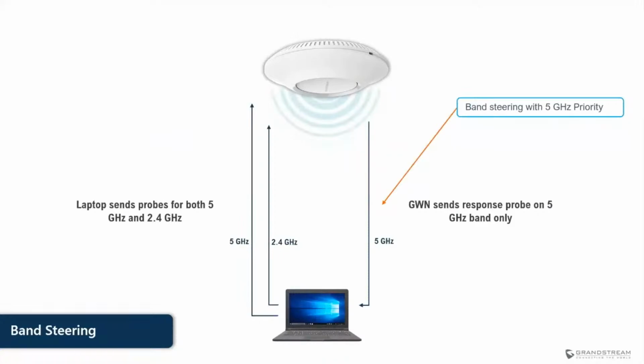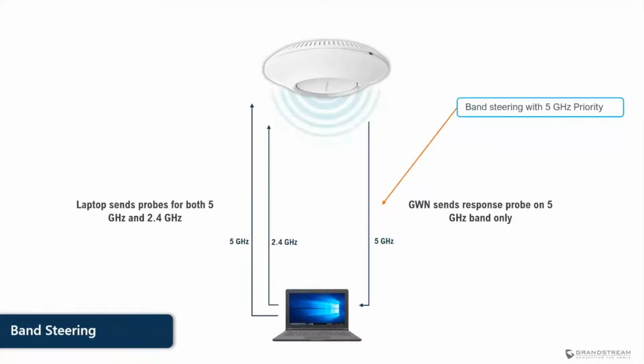The next feature that you should enable with caution is band steering, which essentially places the wireless stations on a prioritized band. Since all Grandstream access points are dual band, they work on both 2.4 and 5 gigahertz. You might use band steering, for example, to prioritize 5 gigahertz to ensure higher data rates, or you can prioritize 2.4 gigahertz to ensure good coverage range.